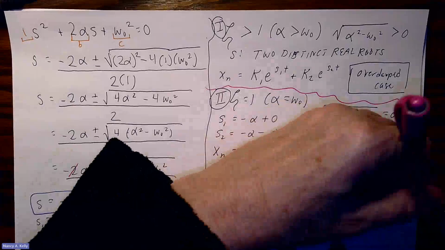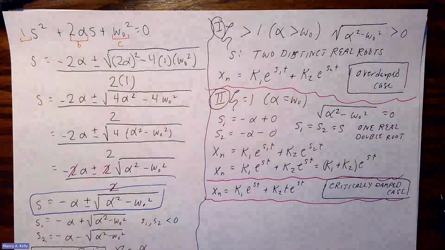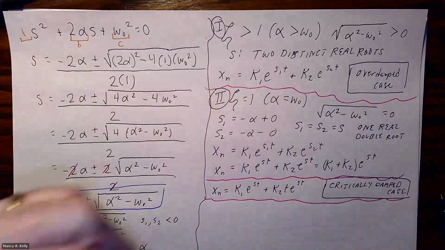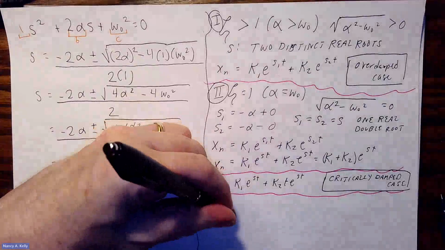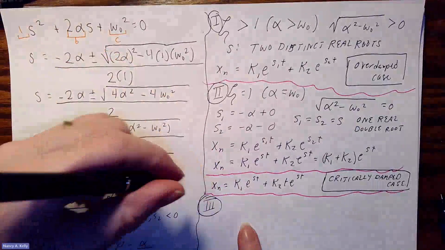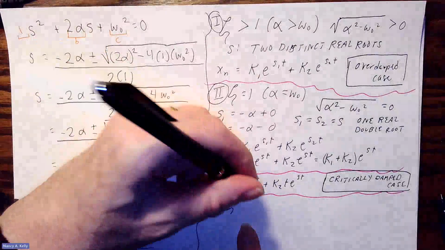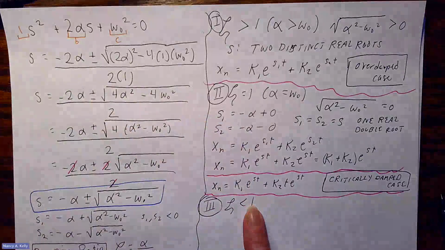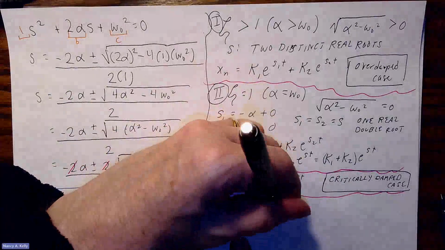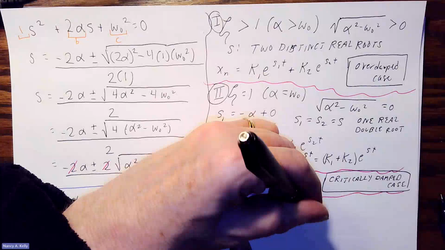All right. Now going on from there, we have the third case. The third case is the case where zeta is less than 1. That means that alpha is less than omega 0.